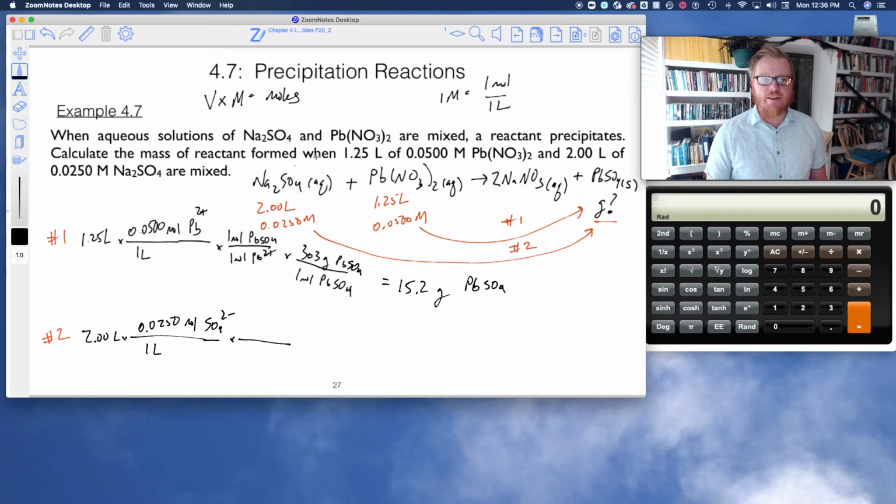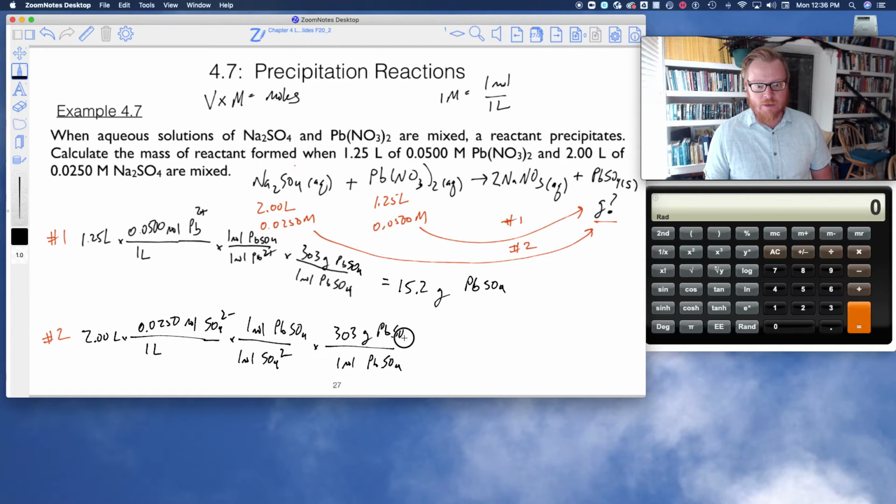And then in this reaction, it is still a 1-to-1 ratio, so that's cool. So 1 mole of sulfate makes 1 mole of lead sulfate. And then now I can copy that very last line because I know I need to convert it into grams. And so I just use the molar mass of lead sulfate, 303 grams per mole.